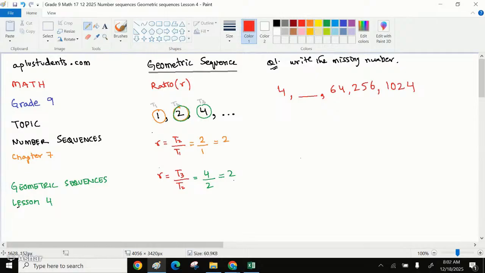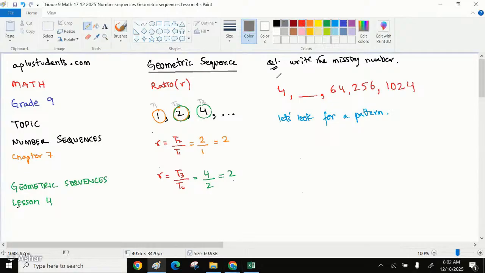The first thing we need to do is look for a pattern. Write it down. Let's look for a pattern. The first number was 4, then something was missing in the middle and it became 64, right? So we can use the ratio.